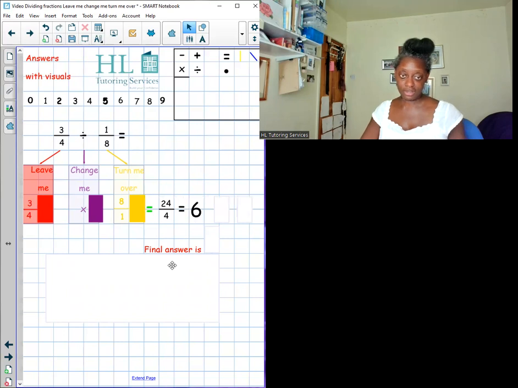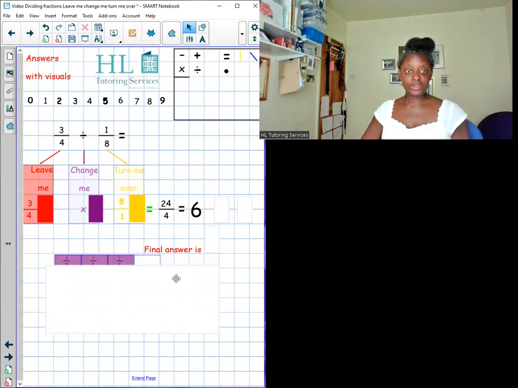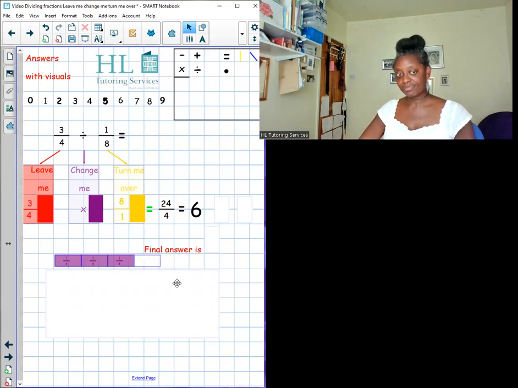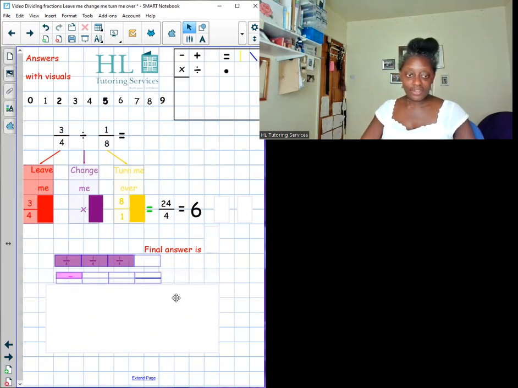Let's have a look at another way of doing this. So this time I have got 3/4. So I've got 4 equal parts and 3 of them have been shaded. And then I've got 8 equal parts. So that's like a pinky purpley colour. So each of these is 1/8, 1/8, 2/8, 3/8, 4/8, 5/8, 6/8, 7/8, 8/8.